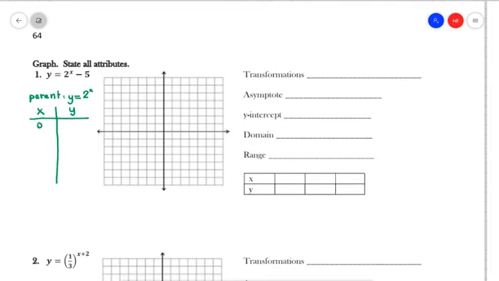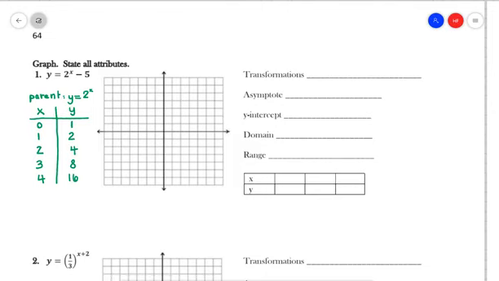If I had 0 for x, then we're taking 2 to the power of 0, which is 1. If I had 1, we're taking 2 to the power of 1, which would give me 2. 2 to the power of 2 is 4. 2 to the power of 3 is 8. 2 to the power of 4 is 16. So we can see how that can grow rapidly, from 1 to 2 to 4, then jumping to 8, 16, 32 and so on. So that's the parent function.